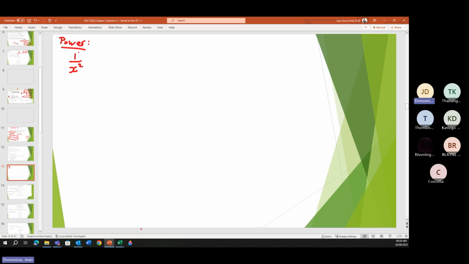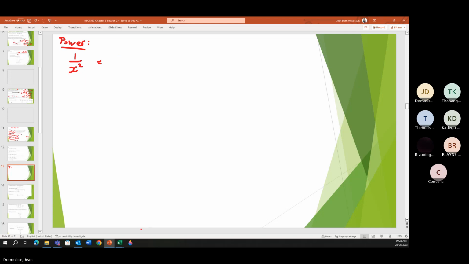This one looks difficult, but I want to first simplify it. I don't like to work with fractions at all, so I want to simplify it.